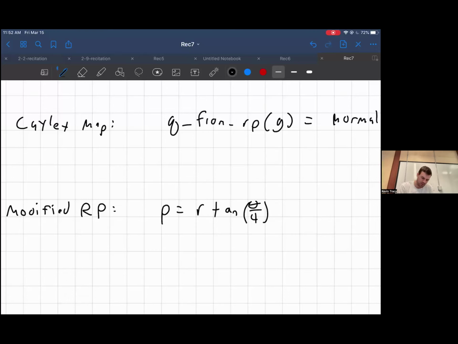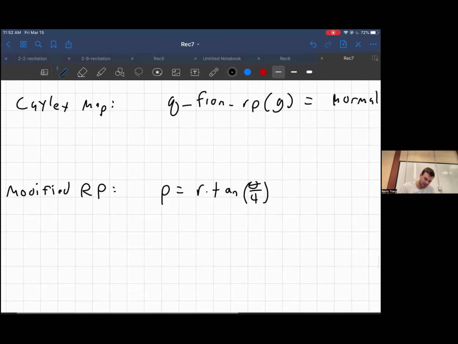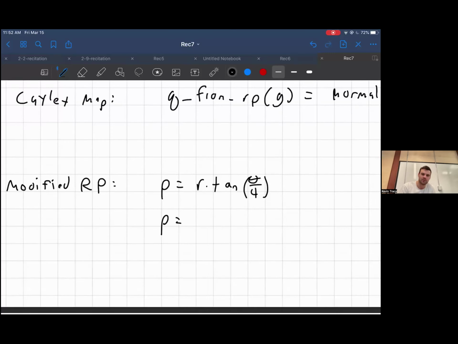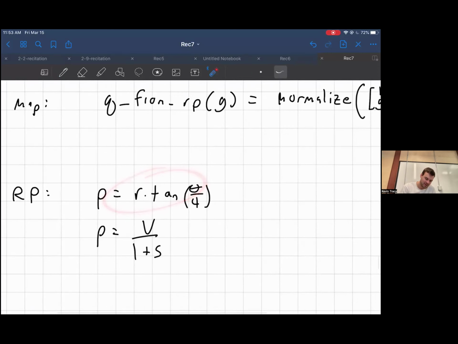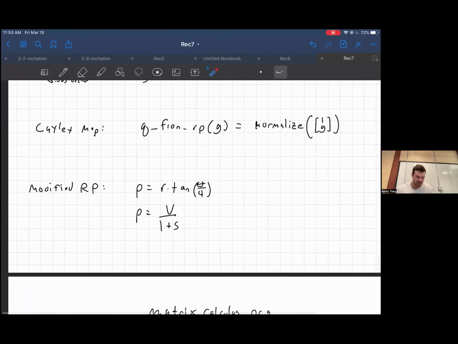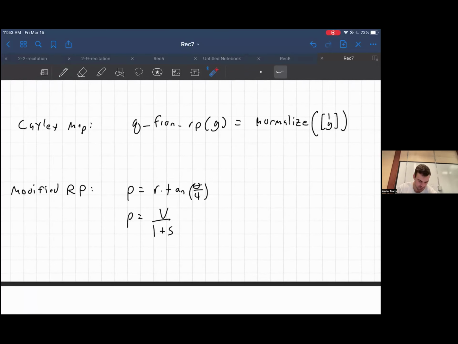Yep. So R times tan theta over 4. However, it's also equal to another form, and you can go through and prove this with your trig identities if you want to, but I wouldn't. So here's how to get there from axis angle. Here's how to get there from quaternion. And then there's a formula you can easily look up that takes you from modified Rodriguez parameters to quaternion.